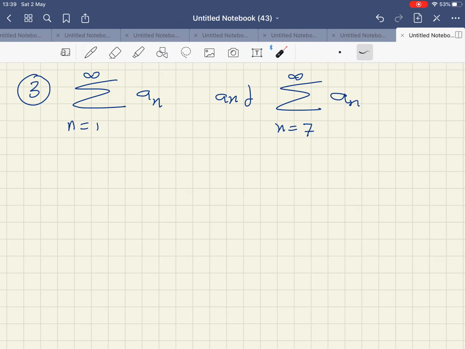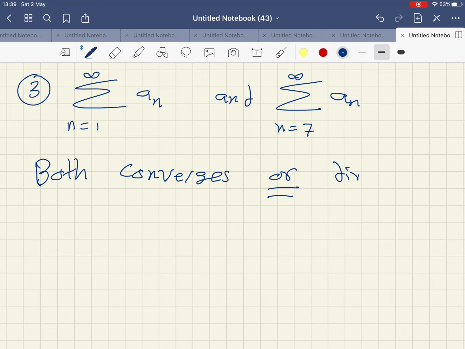Because look, we have different terms we are adding. But there is something common between them. And the common thing is both either converge or diverge. So in terms of whether they converge or diverge, it doesn't matter from where we start. If you want to find the exact value, yes, there it does matter.